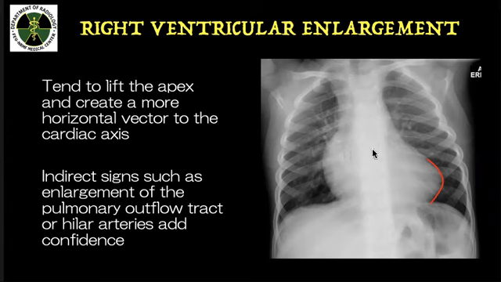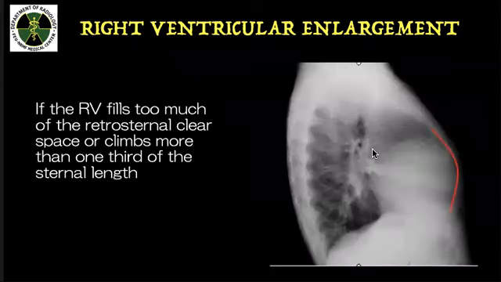If the RV fills too much of the retrosternal clear space or climbs more than 1/3 of the sternal length, that's your indication of right ventricular enlargement. Again, your right ventricle is the most anterior portion in your lateral view. So if you will not appreciate the retrosternal clear space, it may be an indication that there is right ventricular enlargement.